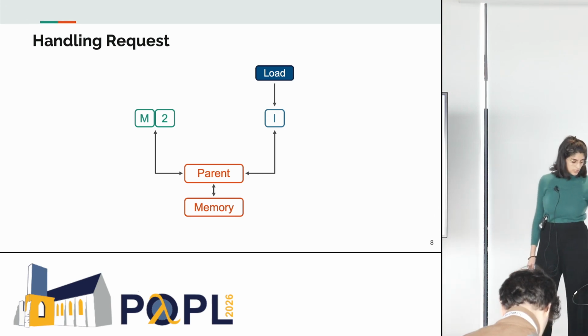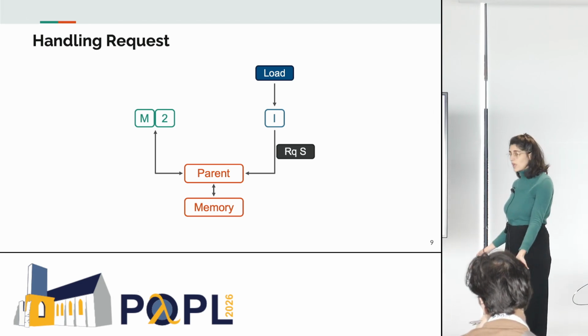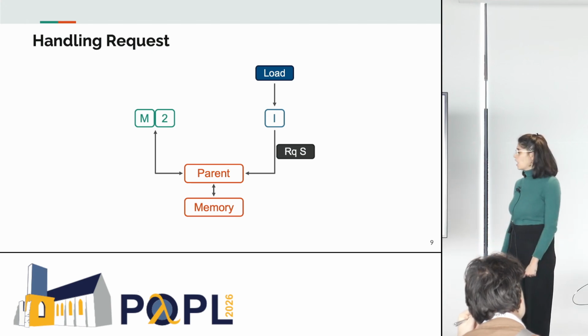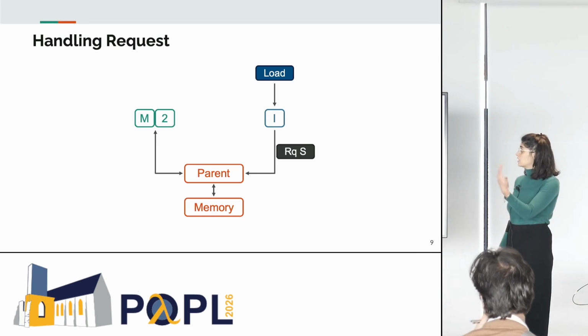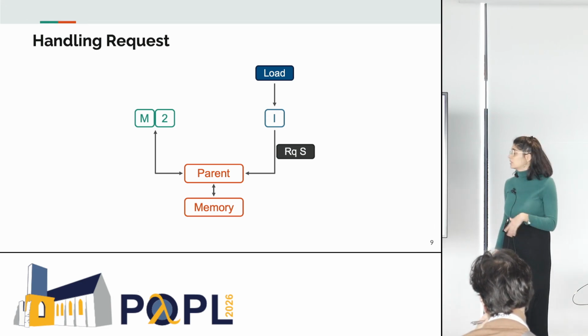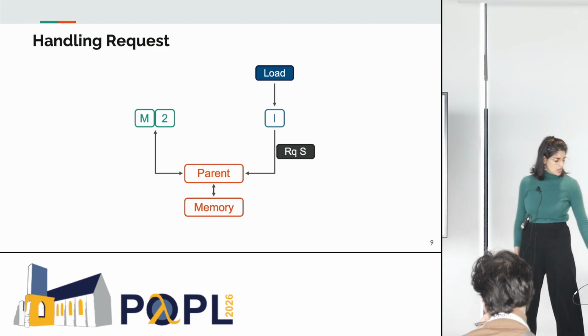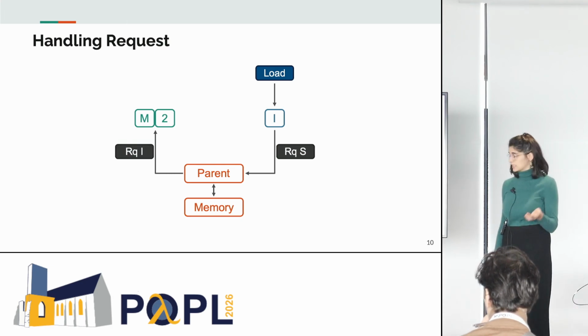We cannot do it straight away, so the cache has to request permission from the parent to upgrade to the S state. The parent cannot respond immediately to the blue cache because it doesn't know what the last value written is, because the green cache, having the modified state, can update its value. So what it does is ask the green cache to invalidate itself.